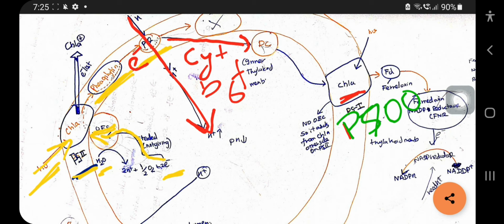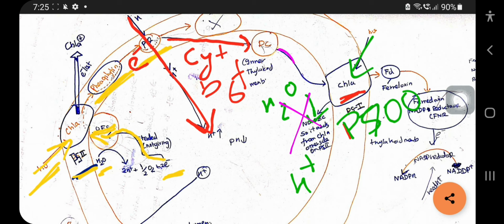It also gets exposed to light, that is HV, as PS2 does, but it does not have an oxygen evolving complex, so it cannot split H2O into H plus. So it only depends upon PS2, P680, for its electron supply.